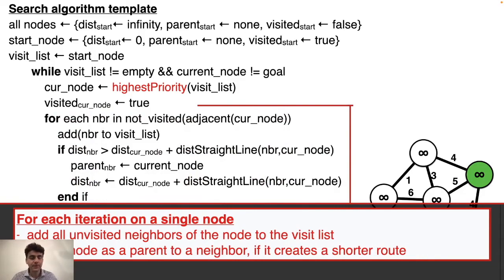Next, the key step in this portion is to add all of the unvisited neighbors of the current node that has been visited to the visit list. So the visit list will be growing, as we saw in the visual example, and then to assign the current node as a parent to each of its neighbors if it has that shortest route property that we discussed. That's what these key lines of pseudocode are expressing.